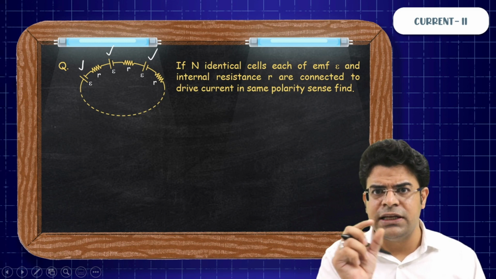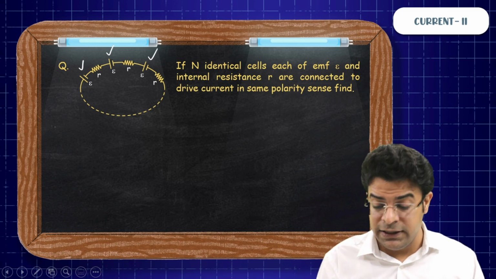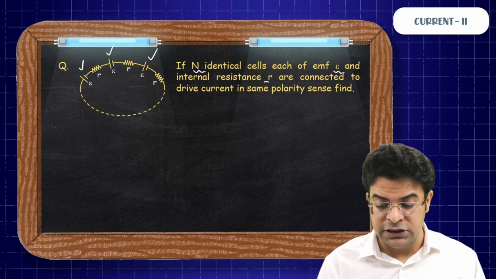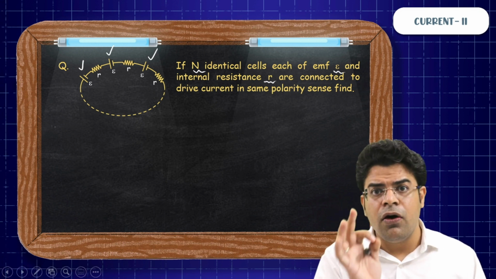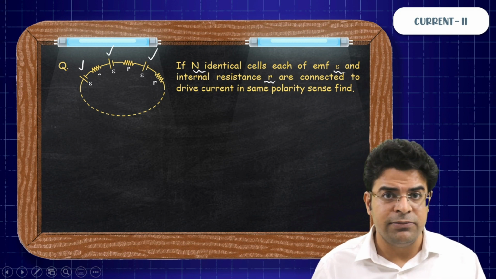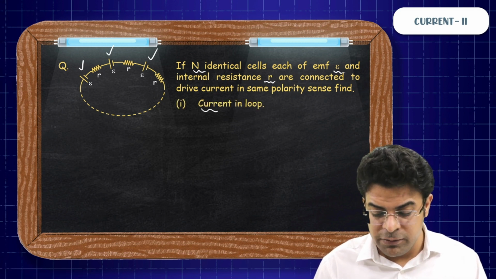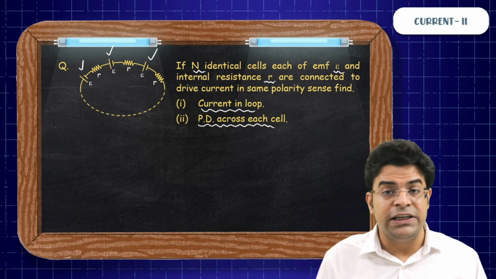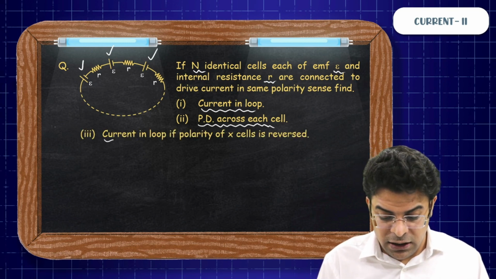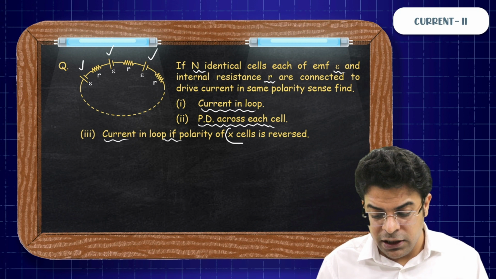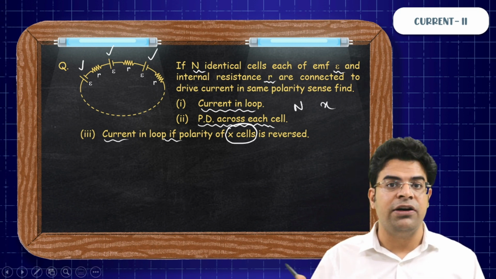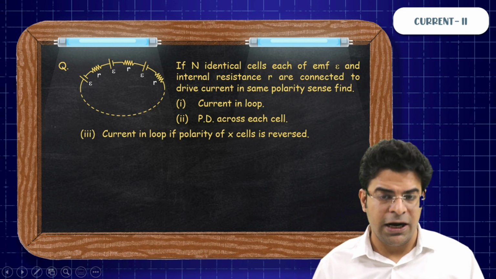All the cells are connected to form a loop, there are n cells, each having EMF E and internal resistance R, and all of them try to drive the current in the same sense. You need to find, first, the current in the loop. Second, the potential drop across each cell. And third, the current in the loop if the polarity of X cells out of n cells is reversed. So let's do it part by part.